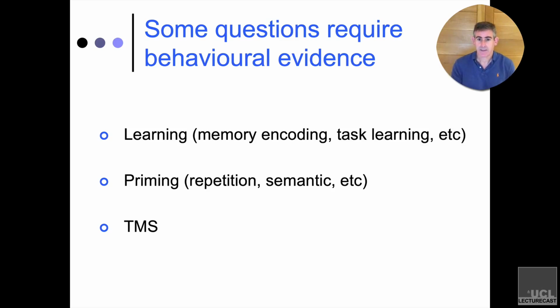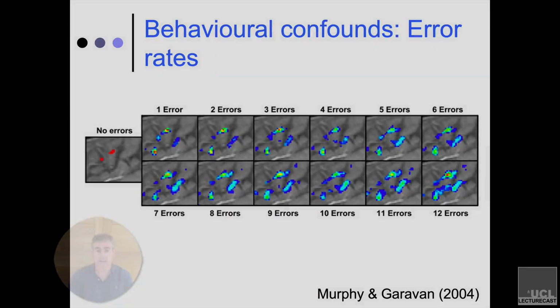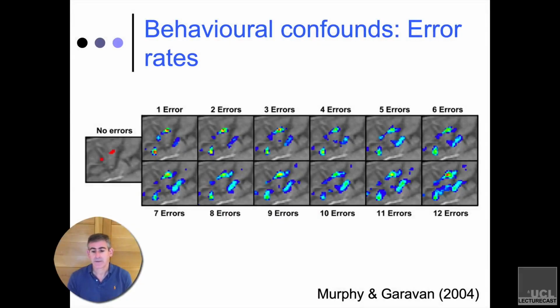So it's really important that if you're asking a behavioral question, that you collect behavior in order to look at those effects. And let me just give a couple of examples of this. Kevin Murphy and I think it's Ian Garavan did this cool study where they had people doing, I think it was a working memory task, and they just sort of analyzed all of the data, right and wrong.